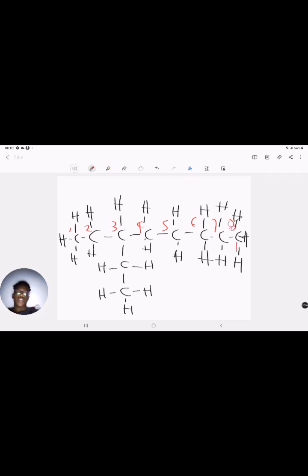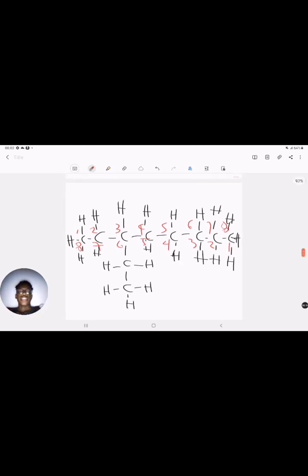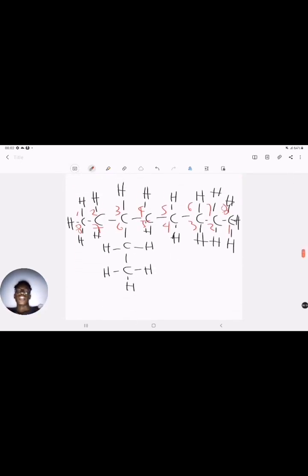And then from right to left, that's 1, 2, 3, 4, 5, 6, 7, and 8. Okay, cool. We've done step number 2. Remember, step number 1, identify your longest chain. Done. Step number 2, number it from left to right and from right to left. Done. Step number 3, identify your functional group.